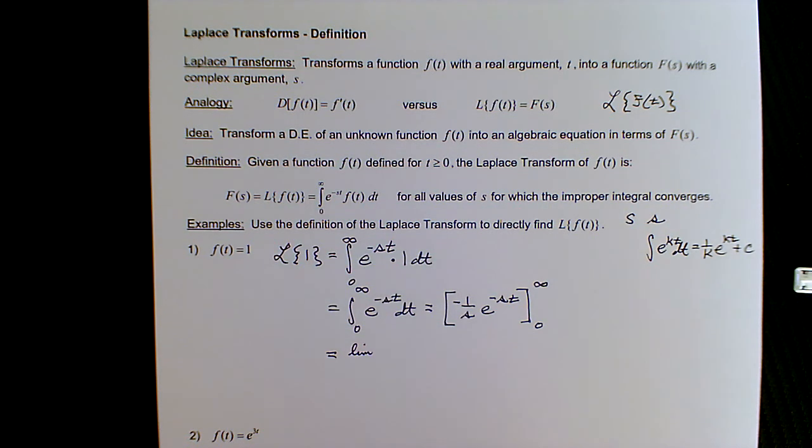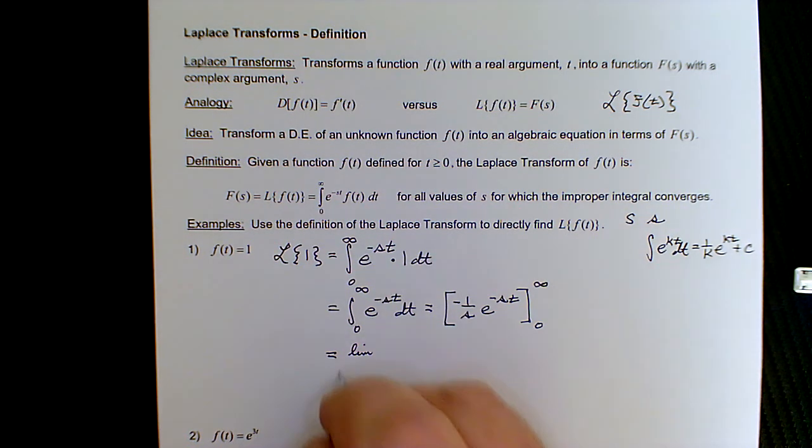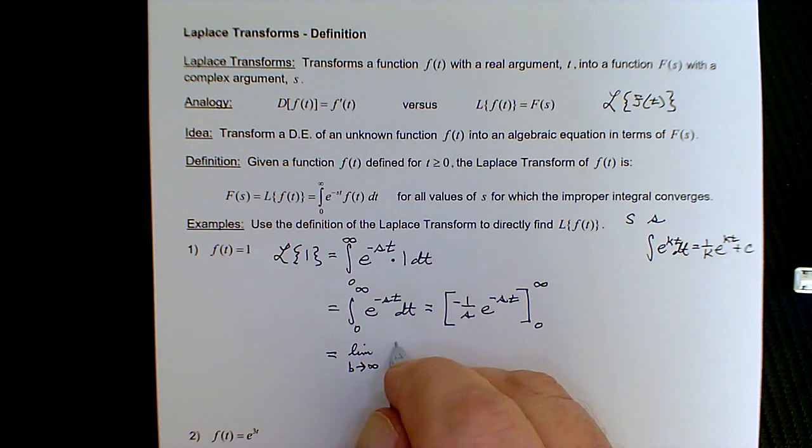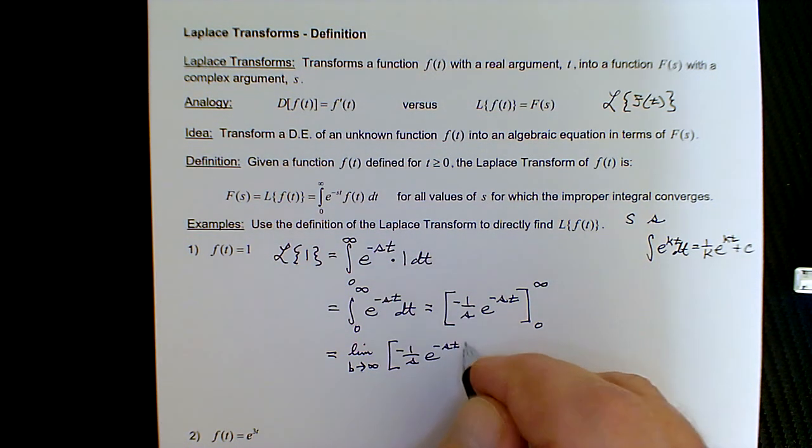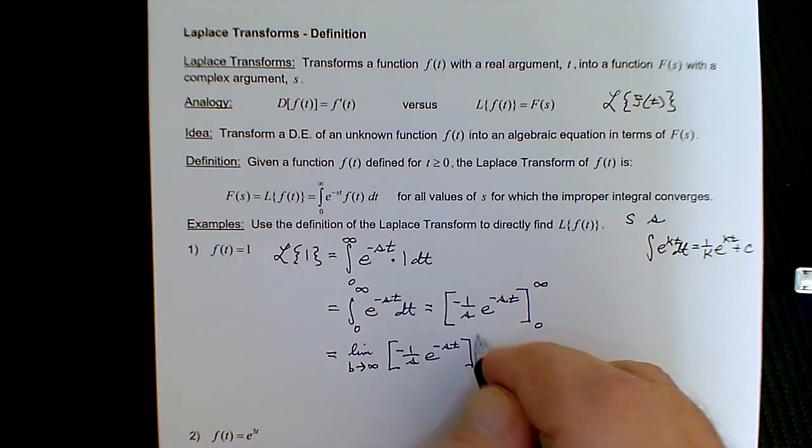And we say the limit as b goes to infinity of negative 1 over s e to the negative st from now 0 to b.